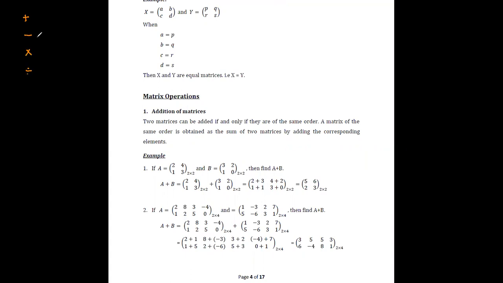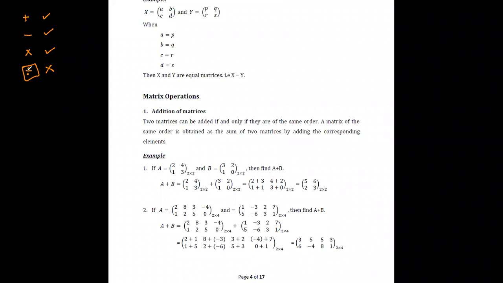But once we come to matrices, generally we are focusing on addition of matrices, subtraction of matrices, and multiplication of matrices. We are not going to consider division of matrices. Dividing a matrix by another matrix will not be discussed here.